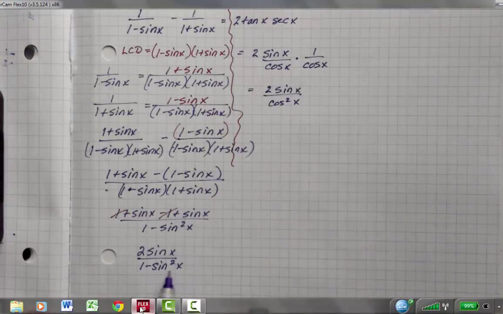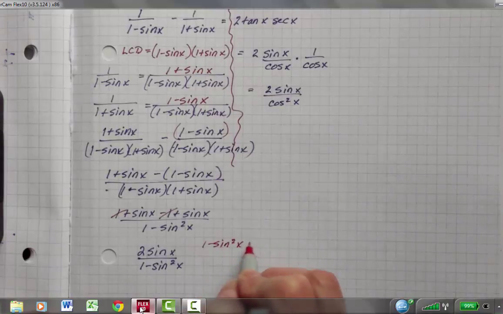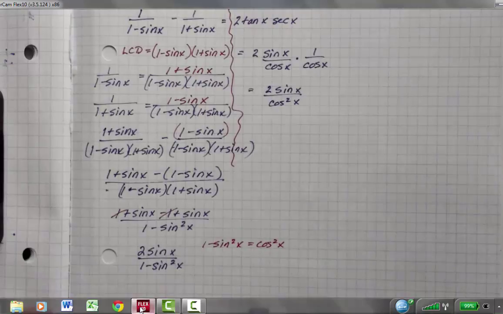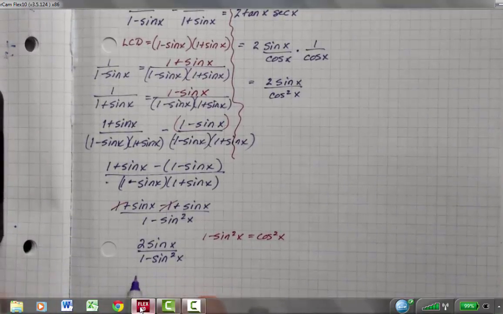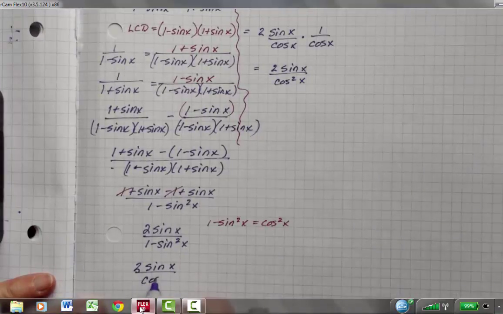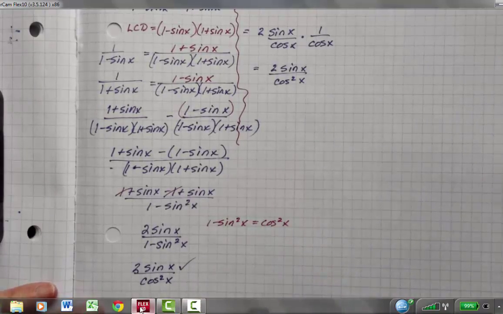And we should remember that 1 minus sine squared x is one of our Pythagorean identities, and it's equal to cosine squared x. So substituting that in, I end up with 2 sine x over cosine squared x. And notice that this is the same as what I got up here. So I have verified the identity.